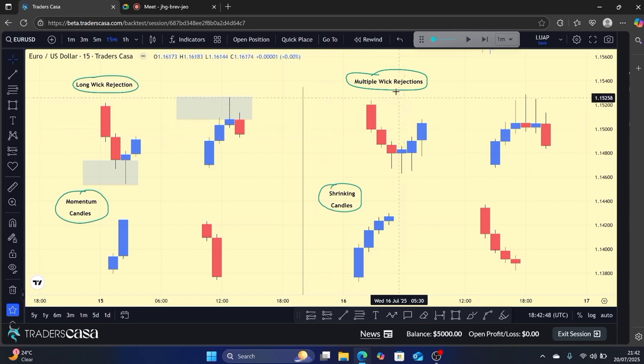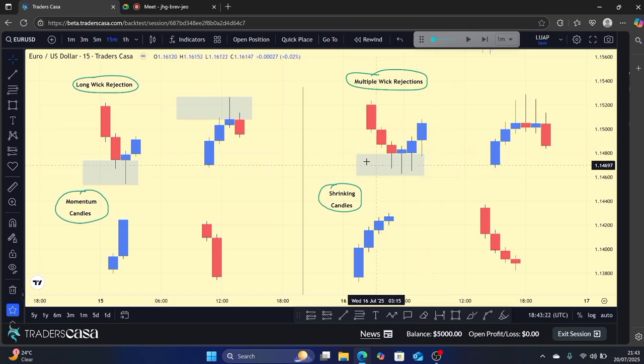Right, so onto multiple rejection, it's not far from this first one. It's just that here price was approaching the key area, but, let me put it this way, you can see price rejected the first time, rejected again the lower prices the second time, and again the third time, before actually making this move.